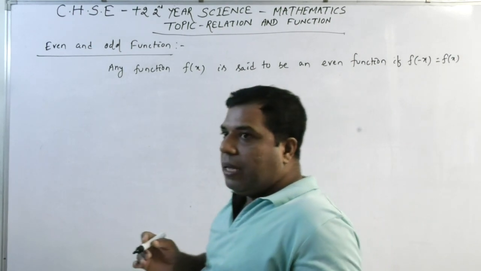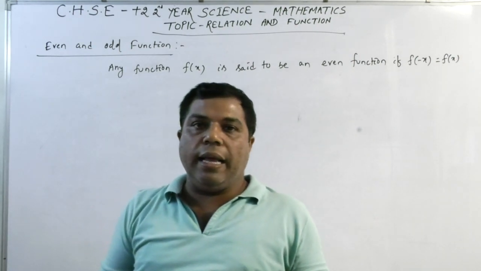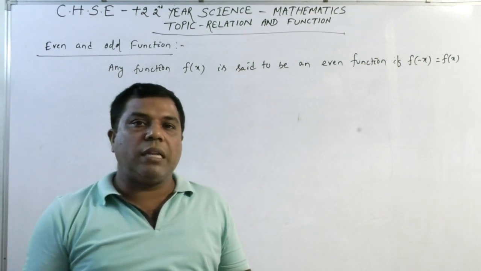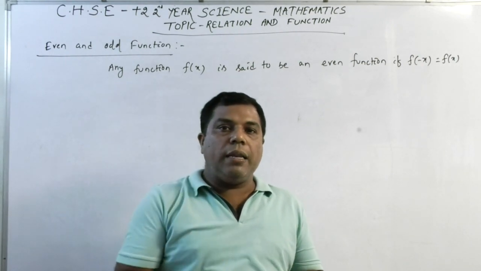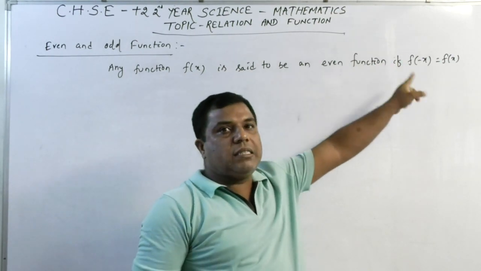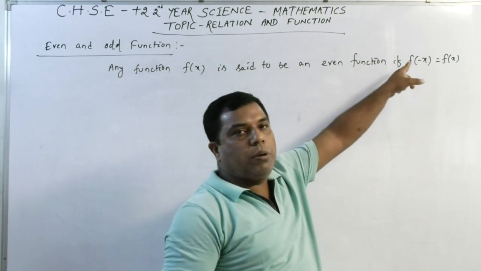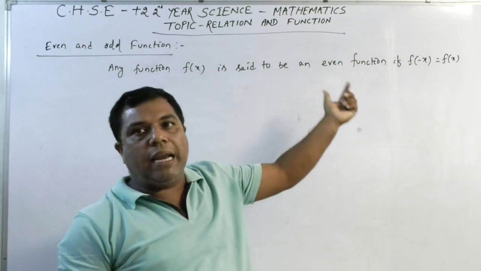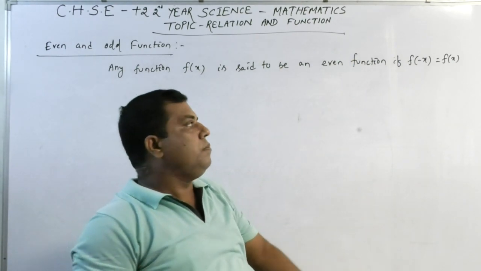It means the same functional value is obtained though I replace x by its additive inverse minus x. So f of x and f of minus x remain the same.